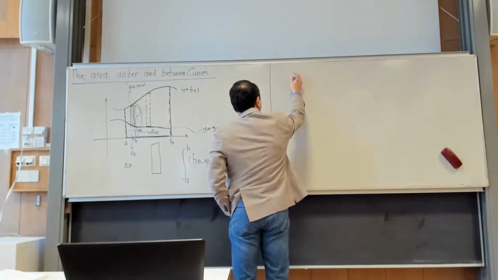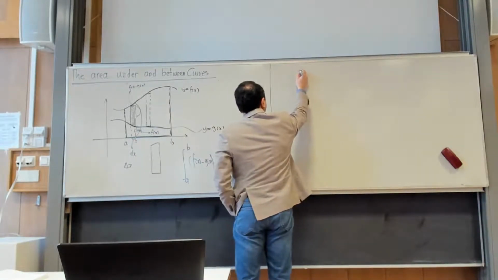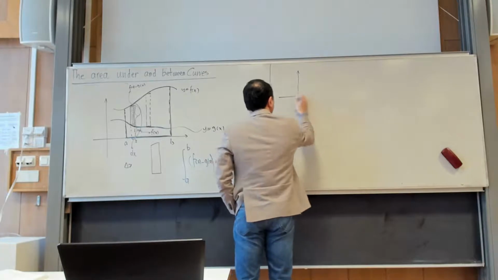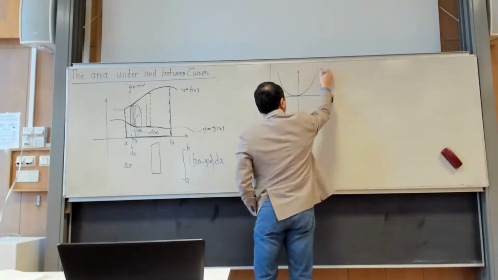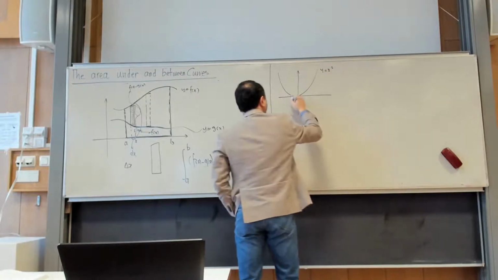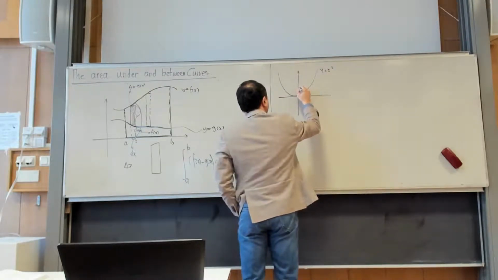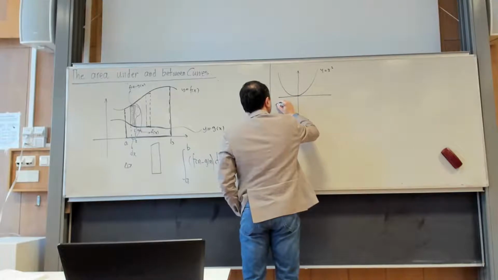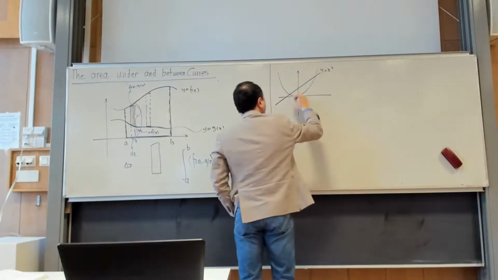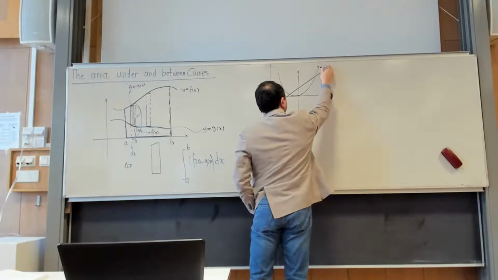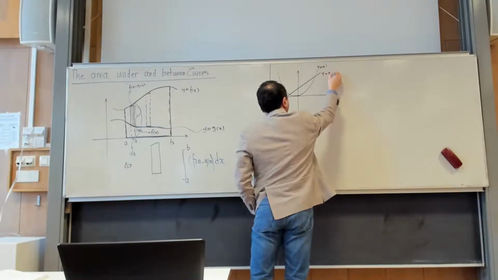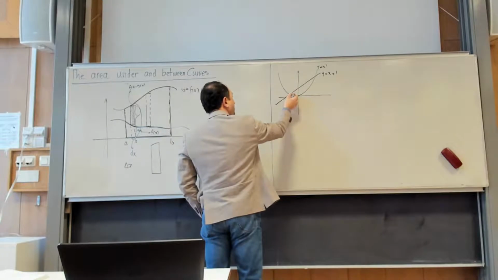For example, this is y equals x squared, and I put a straight line here, and I give you the equation for this. This is y equals x squared. This is y equals x plus 1. I want you to calculate this area.